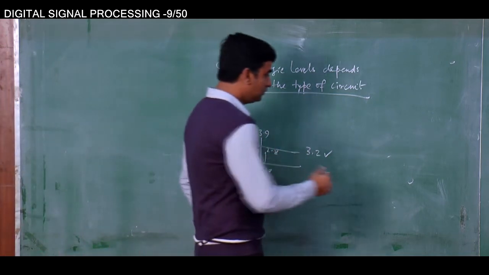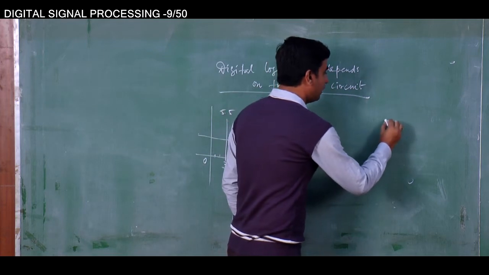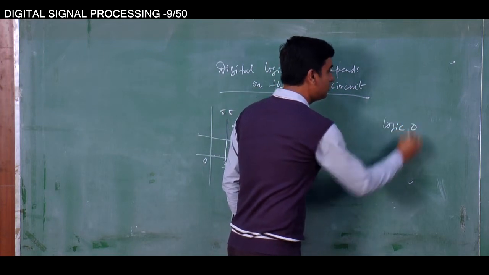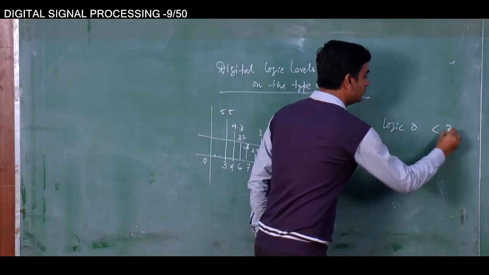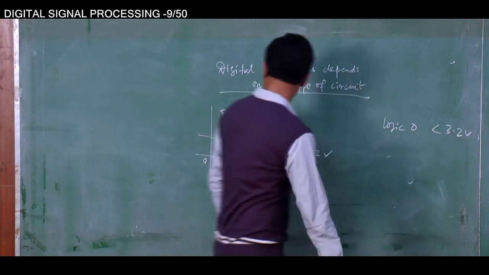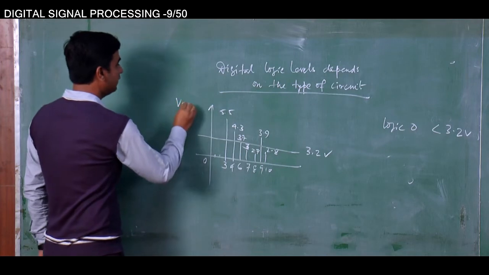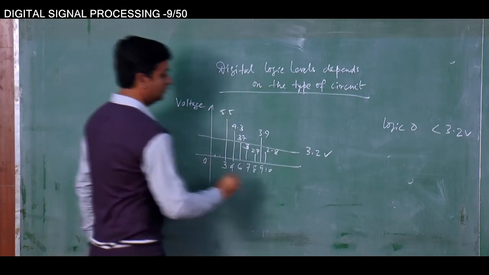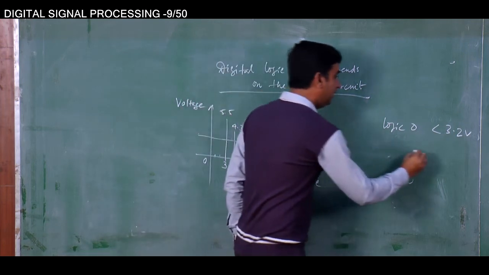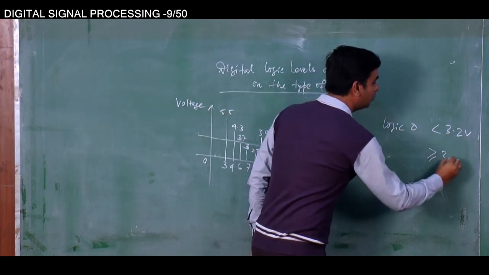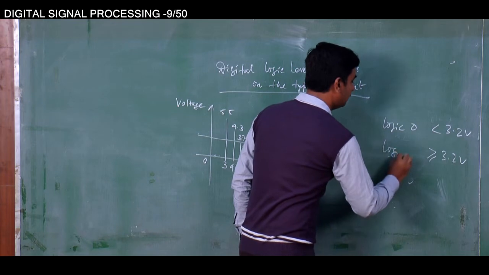So, by my logic definition, logic 0 will be anything less than 3.2 volts, considering this is a voltage signal, this is time axis. Anything greater than or equal to 3.2 volts will be taken as logic 1.